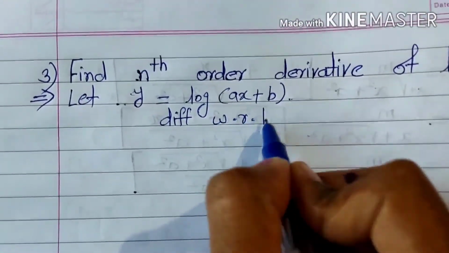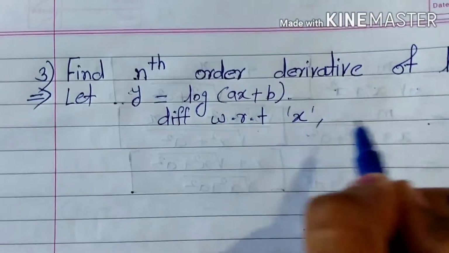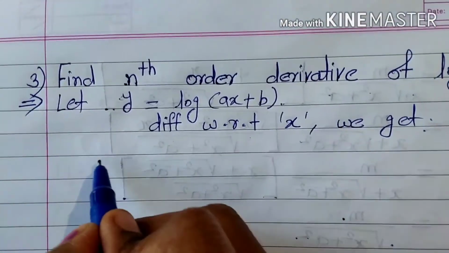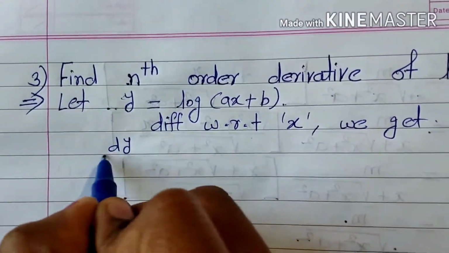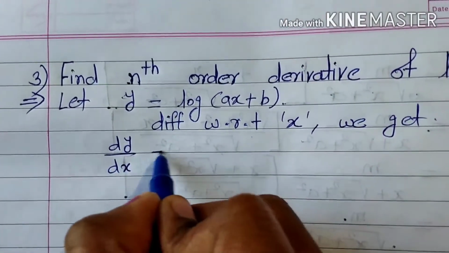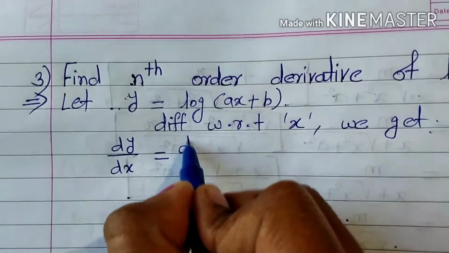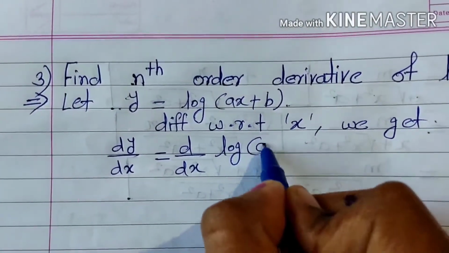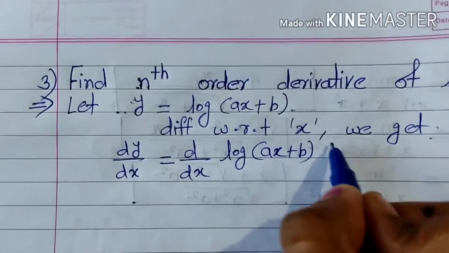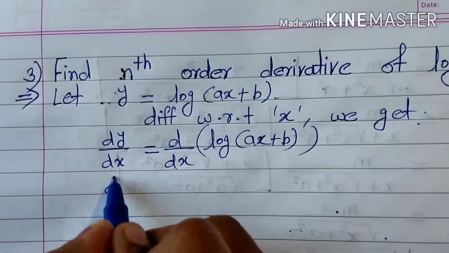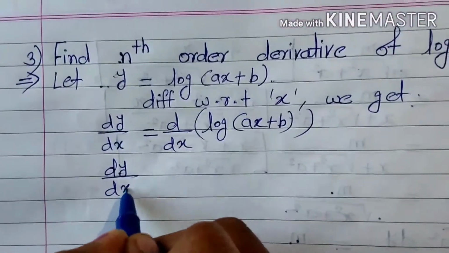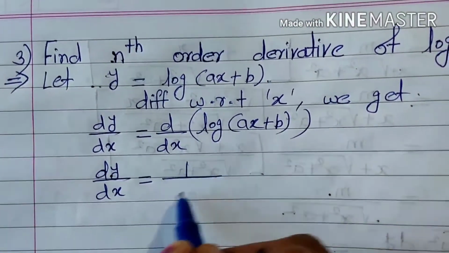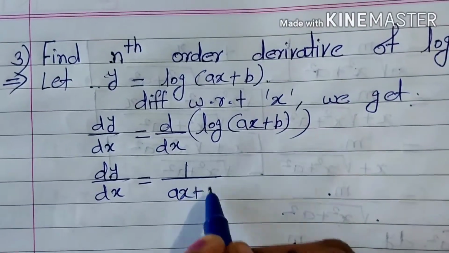We get dy by dx is equal to d by dx of log ax plus b. So dy by dx is equal to derivative of log is 1 upon x. So write here 1 upon ax plus b.